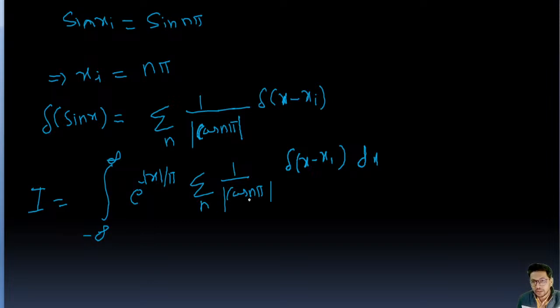We have already solved the value of this, but here we'll do it again, where the value of n is 0, plus minus 1, plus minus 2, plus minus 3, and so on.